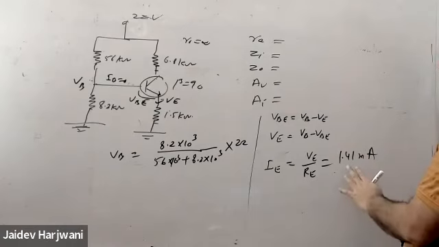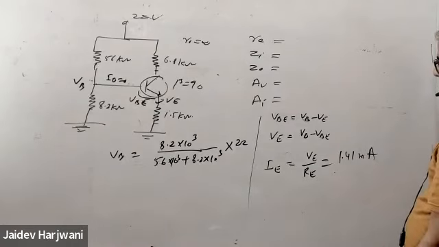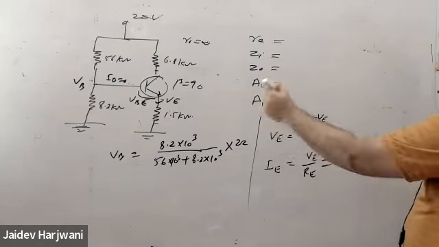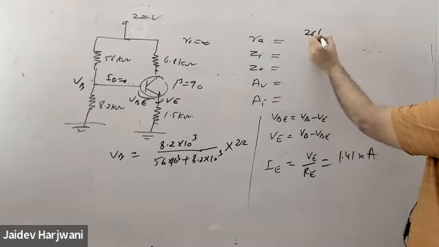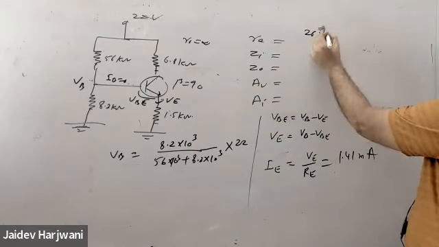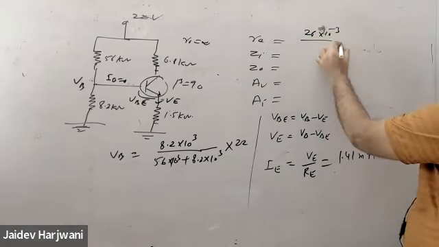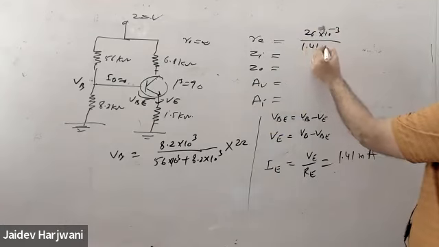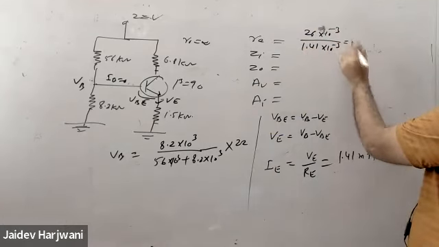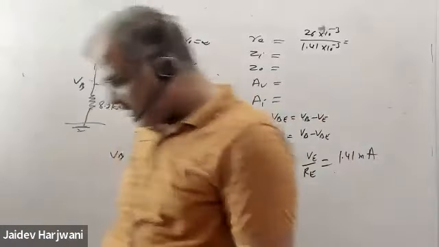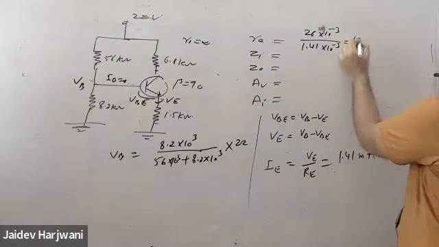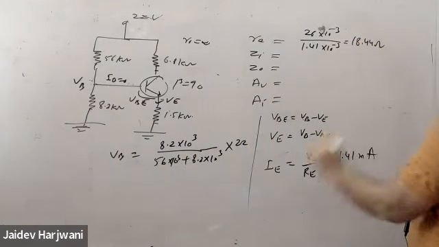Tell me whether it is right or not. And beta is given as 90, so re is 26 millivolt upon 1.41 milliampere, and this answer I have is around 18.44 ohm.